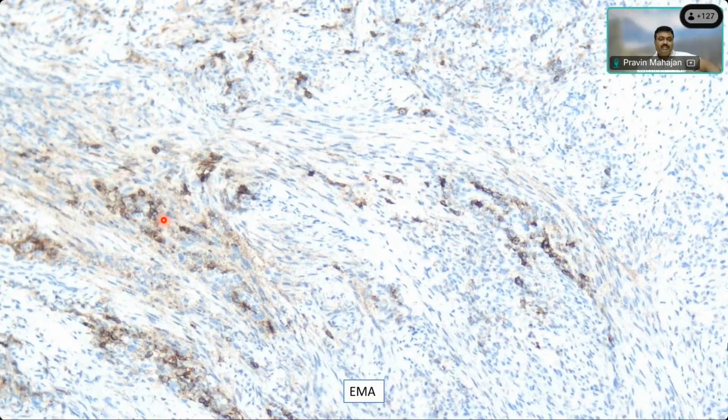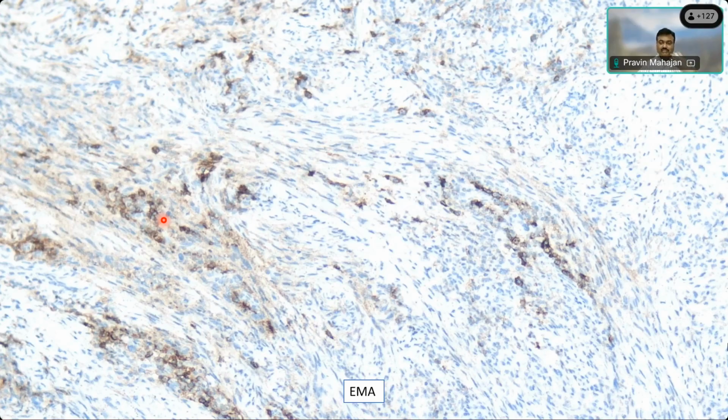So when you see a stain, you don't just look at the cells of interest and whether they are positive or negative. If it is positive in some other cells, you should try to see what type of cells they are. Someone says endothelial cells, but no, endothelial cells don't mark with EMA as a rule. And Dr. Mugdha has rightly said these are plasma cells.